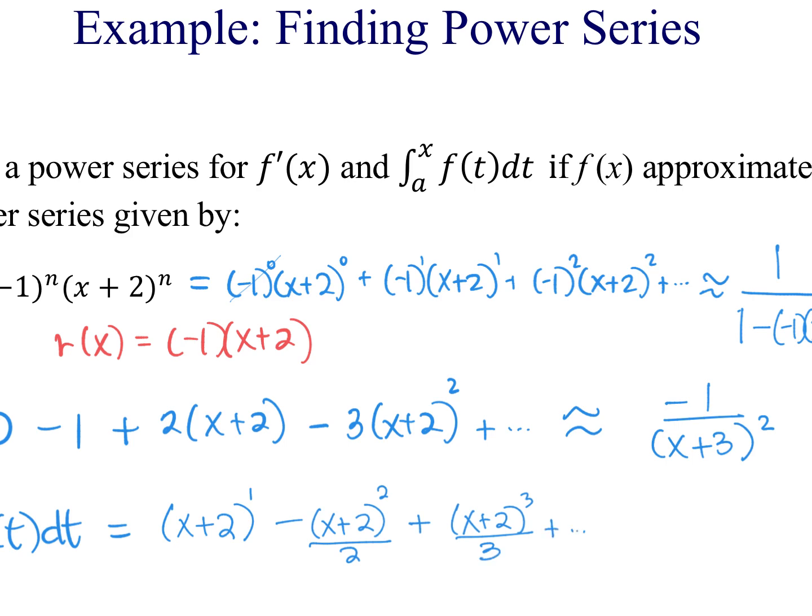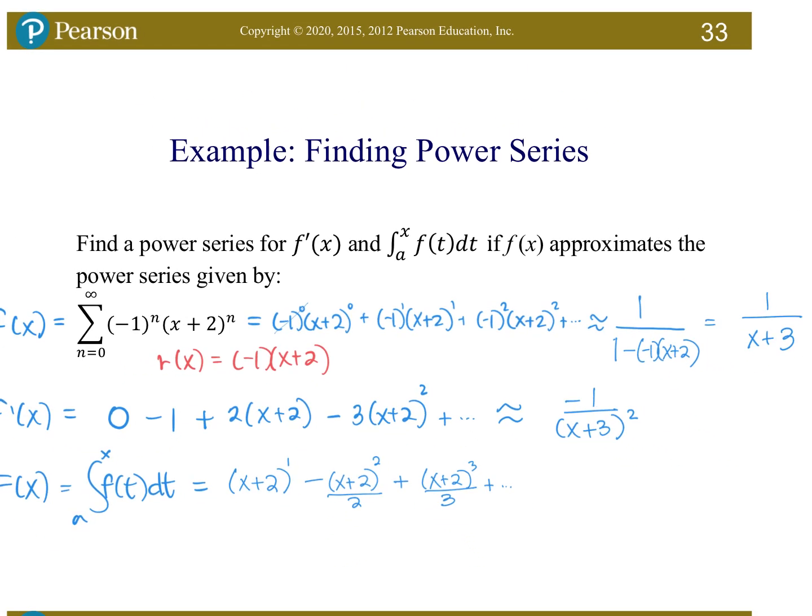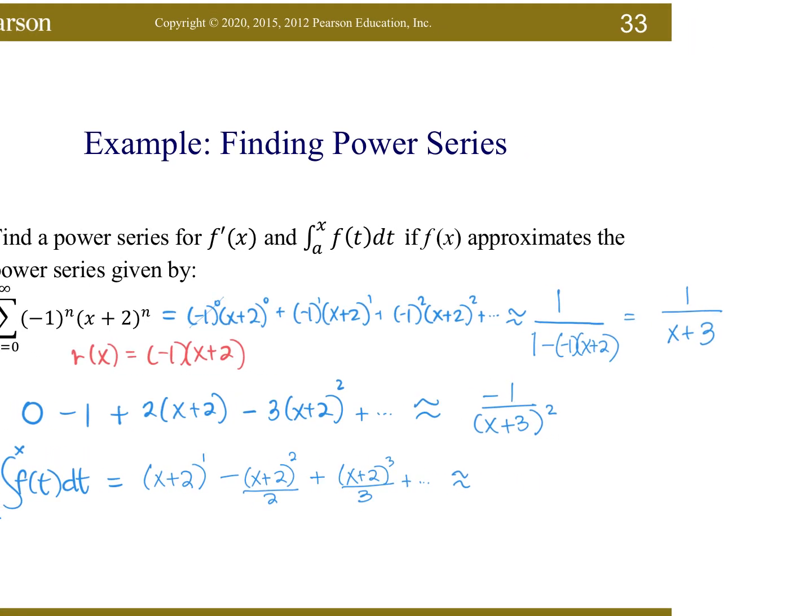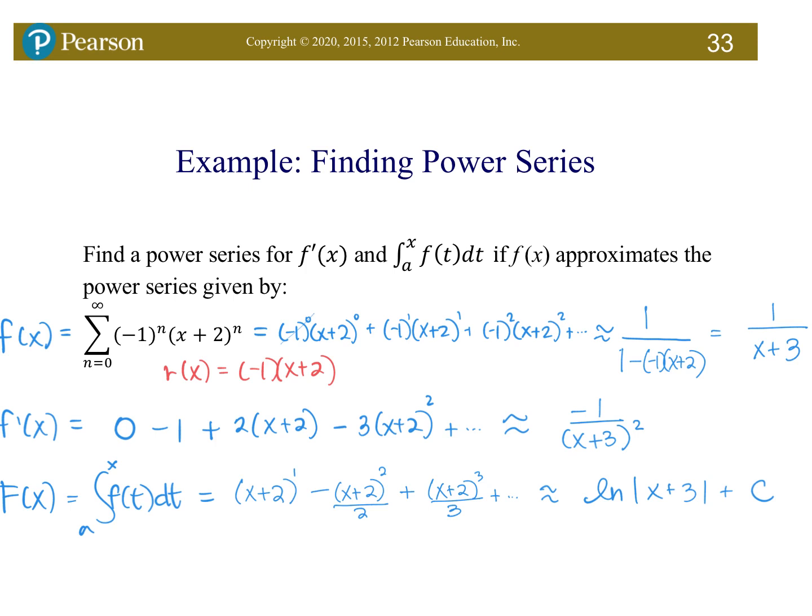And then dot, dot, dot. And that's going to be expressed as the natural log of the absolute value of x plus 3 plus some constant c, which I could find if I had my initial condition.